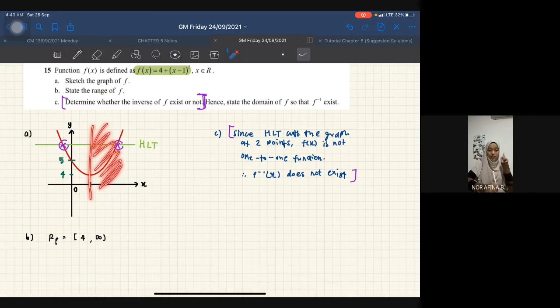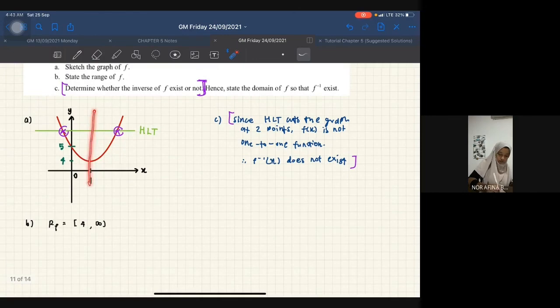If you do it from 1 until positive infinity, HLT pun akan cuts at 1 point only. Maksudnya awak kena pisahkan domain awak. So it's either awak nak ambil yang belah kiri daripada negative infinity sampai 1 ataupun awak nak ambil yang belah kanan from 1 to infinity.